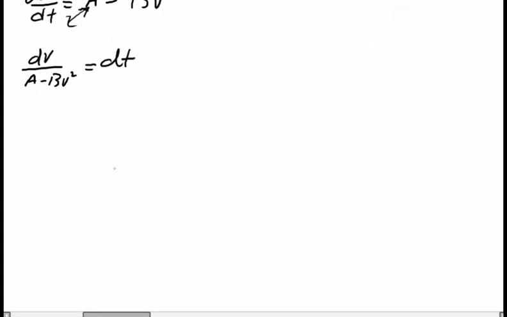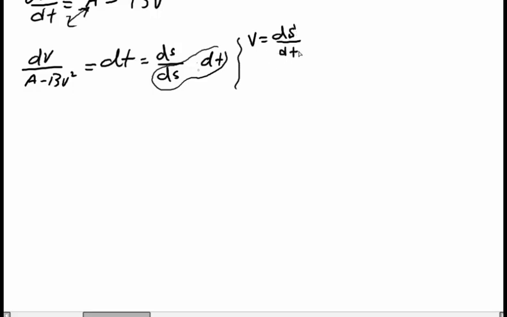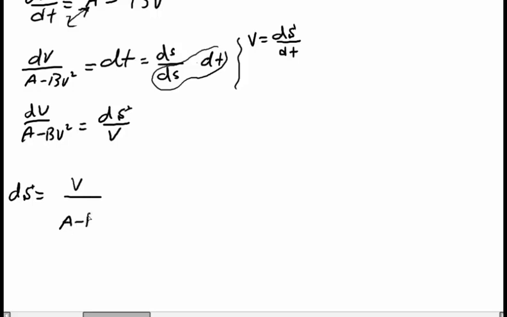And if I multiply this side dt by ds over ds, I didn't change anything, and we know the velocity will be ds by dt, so this quantity here will be 1 over V. So dV over a minus bV square will be ds over V. With some arrangement, we are left with ds equal to V over a minus bV square times dV.